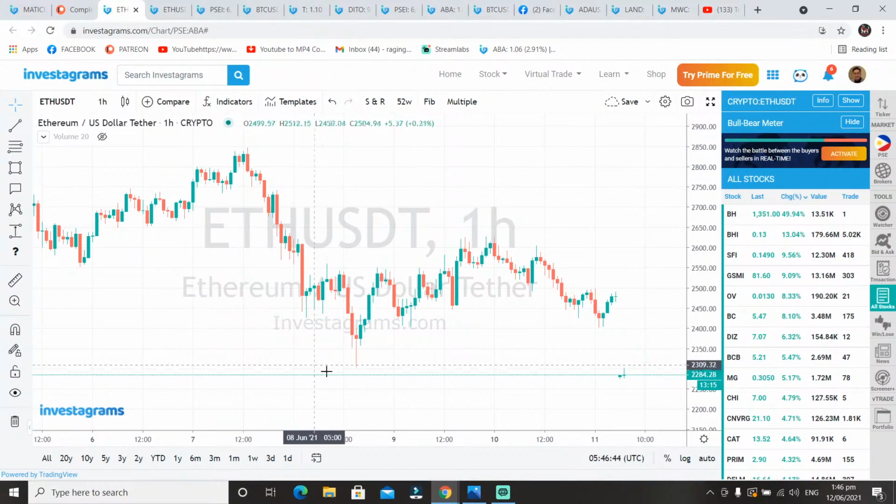You don't necessarily need to plot your pattern at the highest level or at the whole impulse of the chart. Okay, you can start anywhere in between.